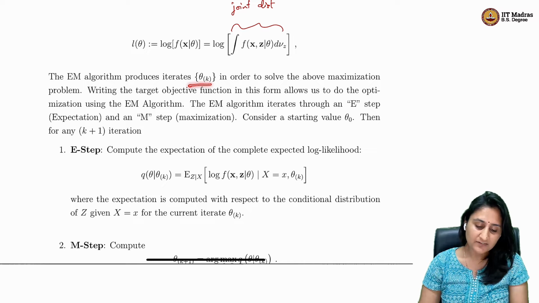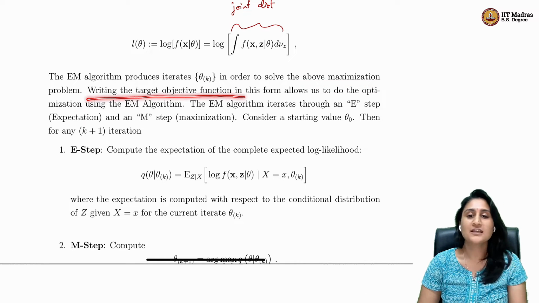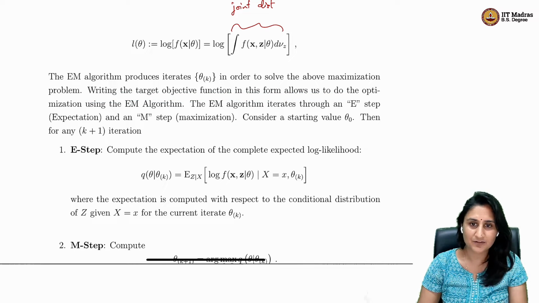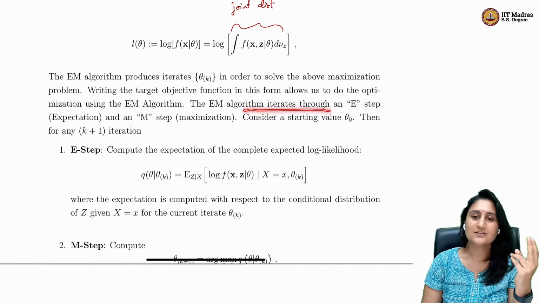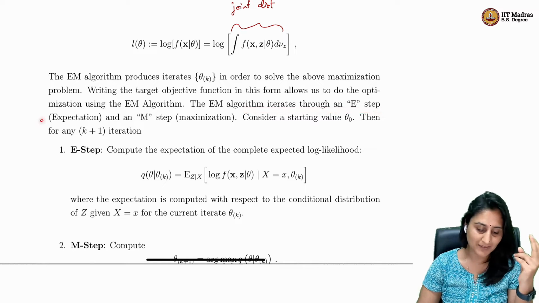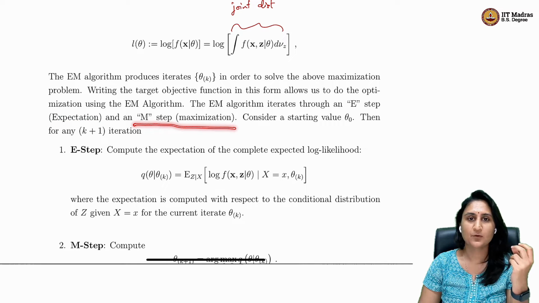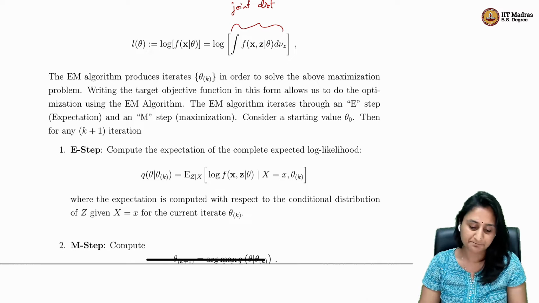It will produce iterates theta k in order to solve the above maximization problem. Writing the target objective function in this form allows us to do optimization using this EM algorithm via two steps. The EM algorithm iterates through an E step, which is an expectation step, and an M step, which is a maximization step.